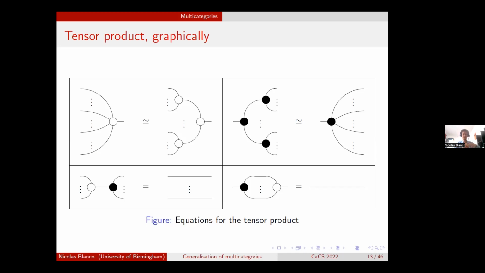So if you have a tensor of tensors, it's the same as taking the tensor of all the elements. And you don't have to care about the order of the tensor. And you also have some comonoid kind of thing, a pseudo-comonoid, for the black dot. And so this gives us a way of reasoning about tensor products.